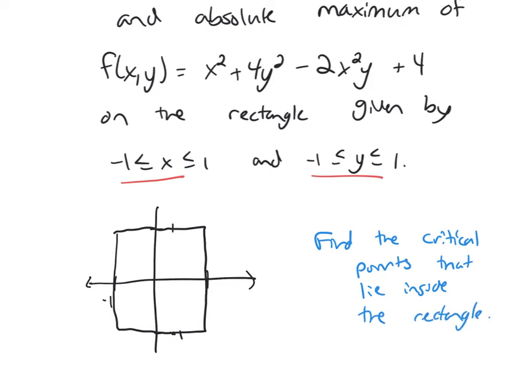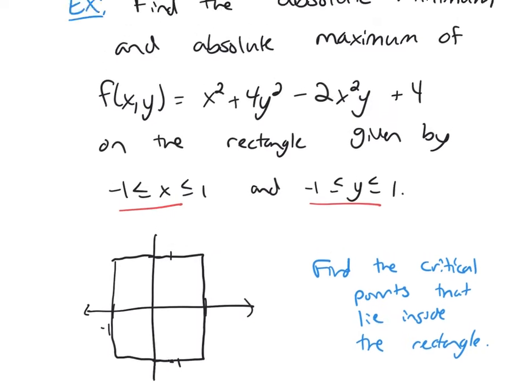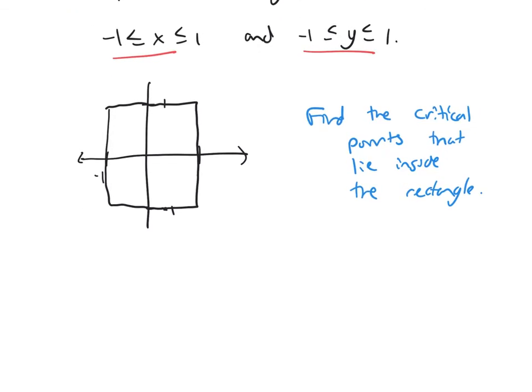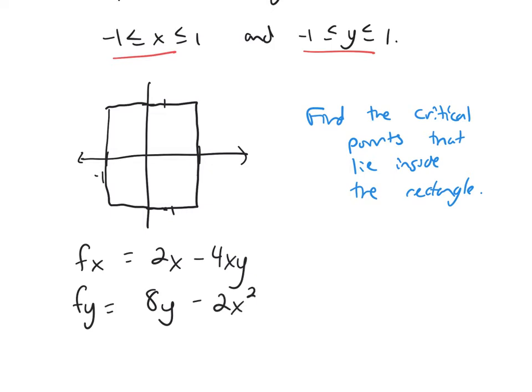So in order to do that, I need to look at my function, and I need to look at my partial derivatives. So fx will be 2x minus 4 times xy, and fy will be 8y minus 2x squared.